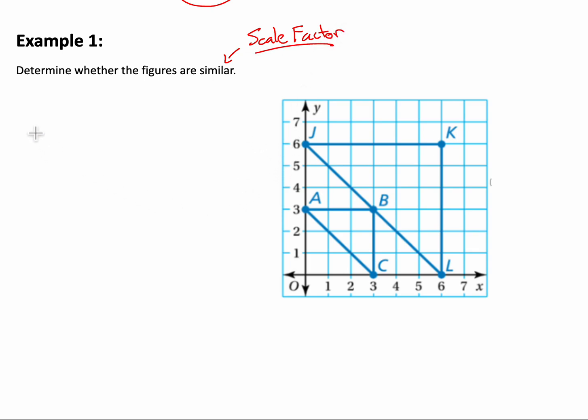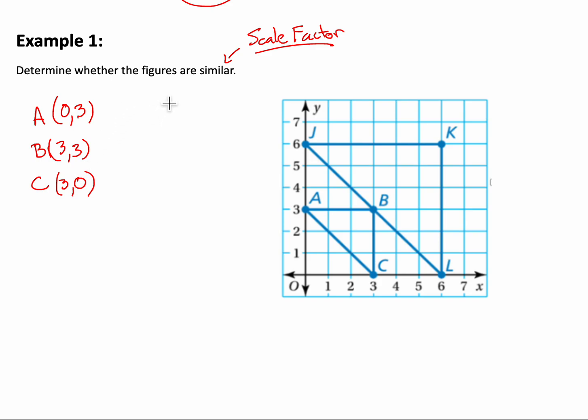I'm going to look at the points A, B, and C since it's on a coordinate plane, and I'm going to write down those coordinate pairs for each. So A is 0, 3, the 0 comes first, and then B is 3, 3. C is 3, 0, so the 0 comes after.